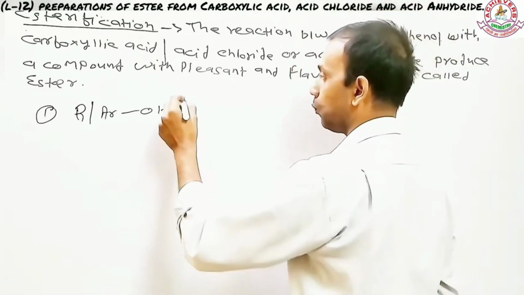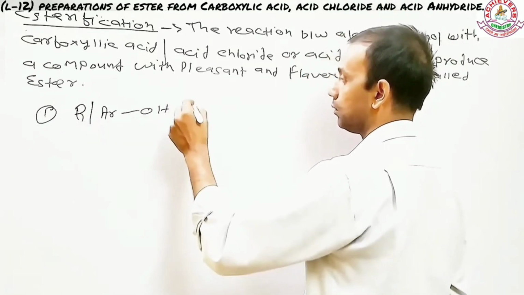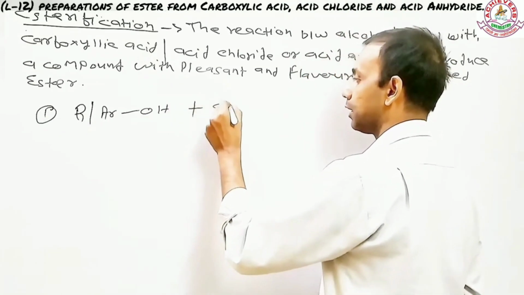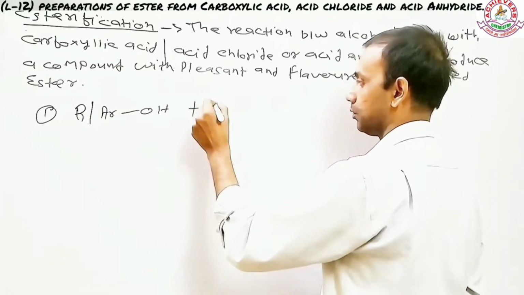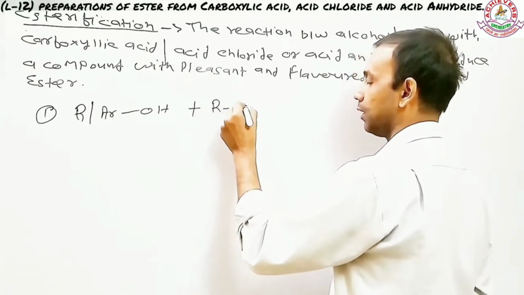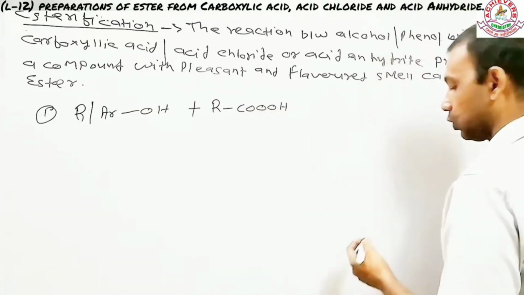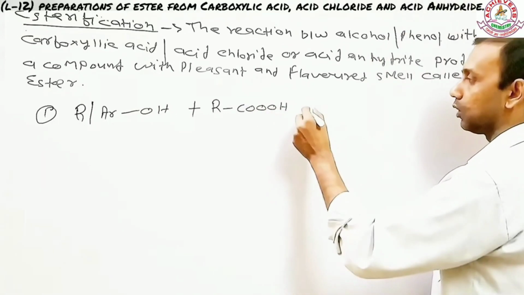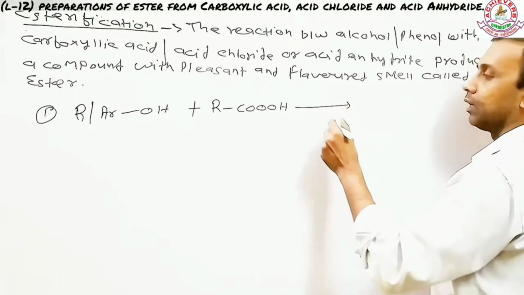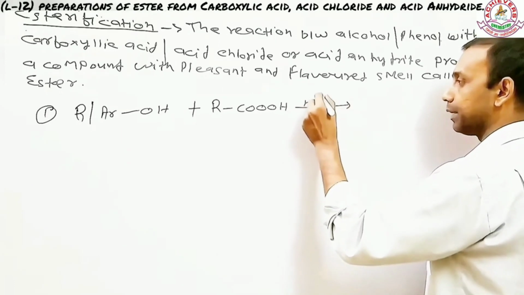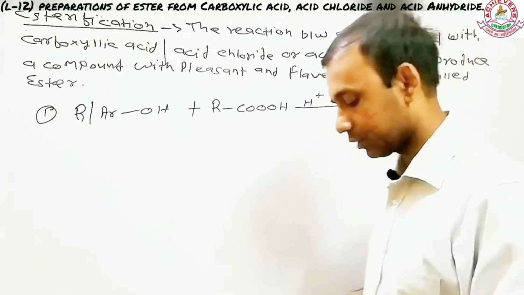So when alcohol or phenol reacts with carboxylic acid, RCOOH, this reaction is carried out in the presence of a little bit of sulfuric acid.